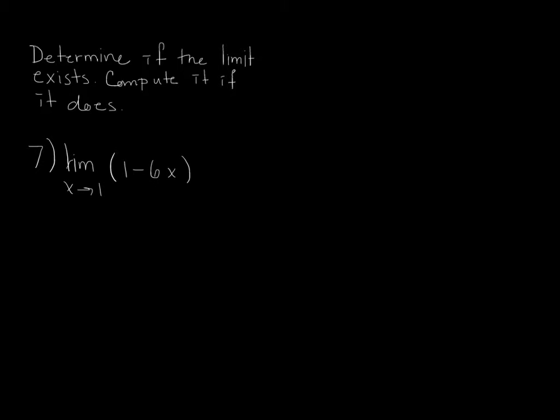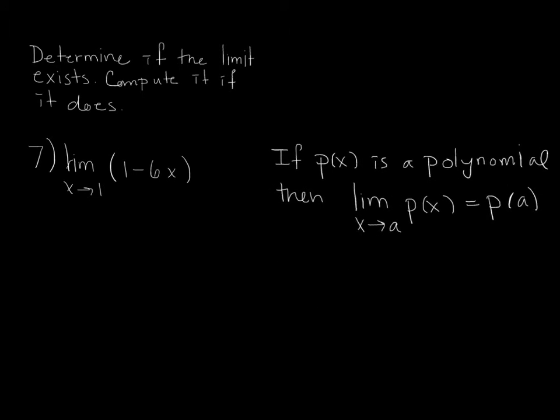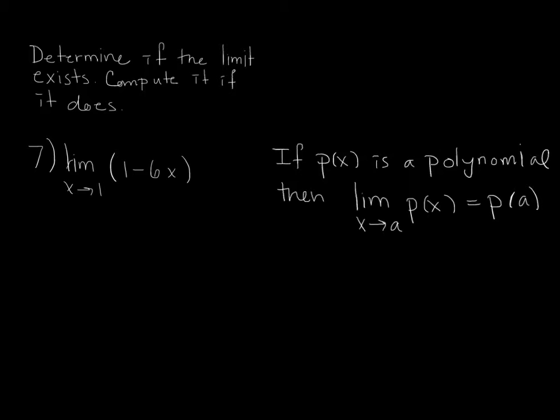So we can go ahead and make use of our polynomial rule for limits, which states that if p is a polynomial, then the limit as x approaches a of that polynomial is simply the value of the polynomial at a. So making use of this, we have our limit equals 1 minus 6, and then we'll plug in the 1, because the 1 is the a, which is 1 minus 6, which is minus 5, and we have our answer.